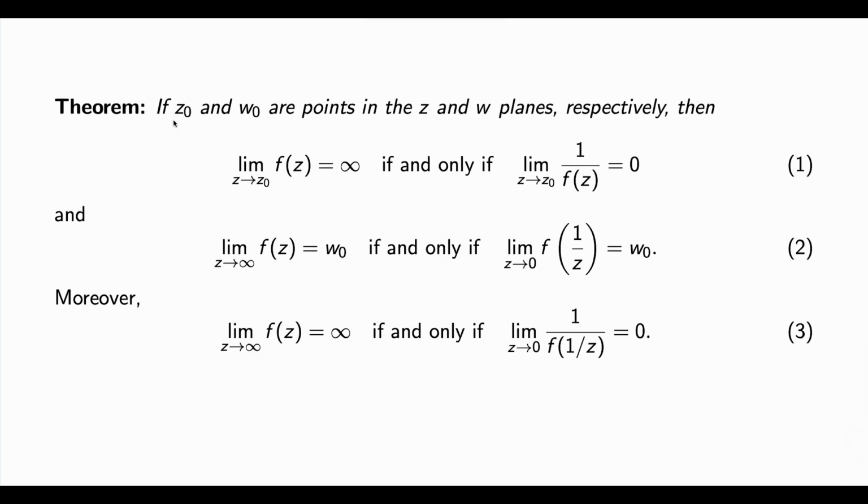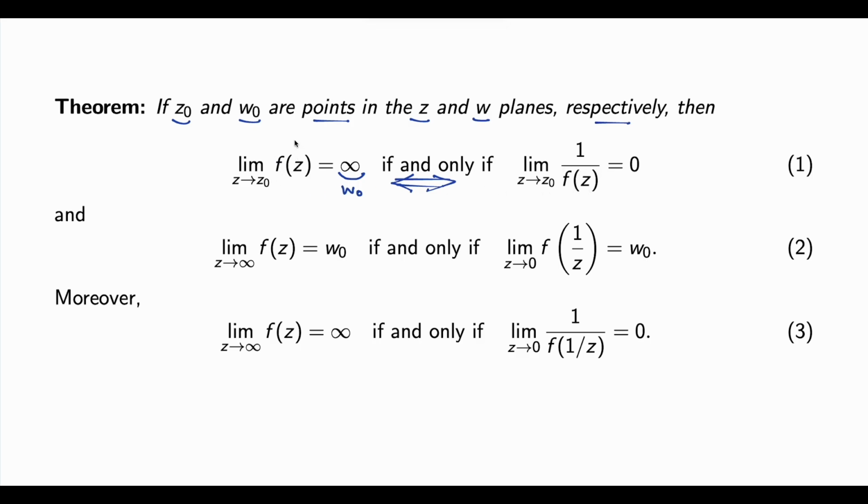If z naught and w naught are two points in the z and w planes respectively, then the limit as z tends to z naught of f(z) is infinity, if and only if the limit as z tends to z naught of 1 by f(z) is 0.